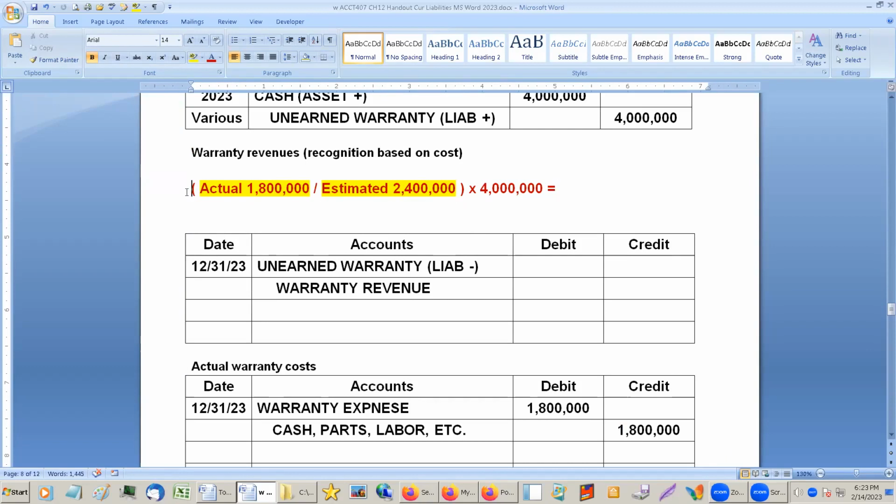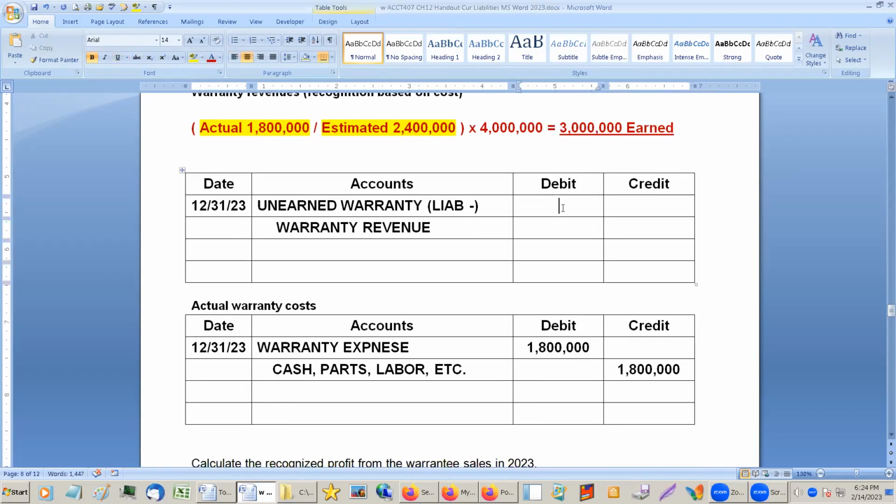I think it ends up being like 75%. And so this would be our earned revenue. So 3 million of it is earned. So we'll recognize 3 million.